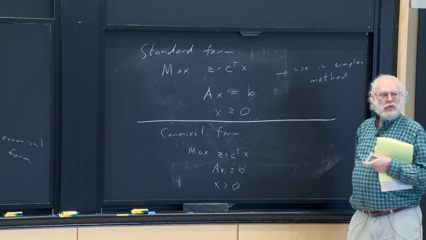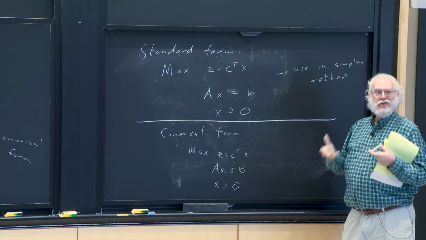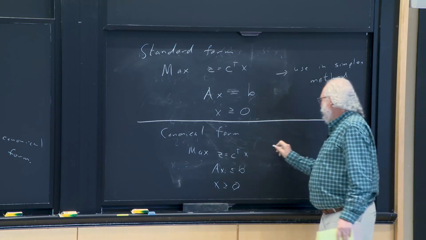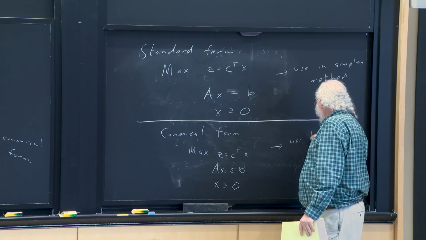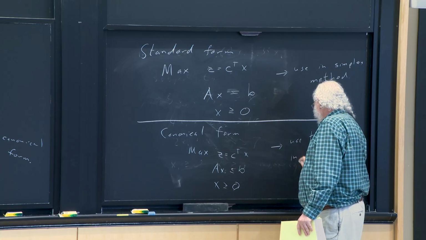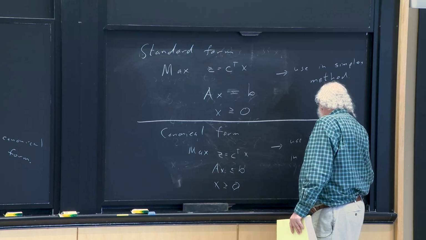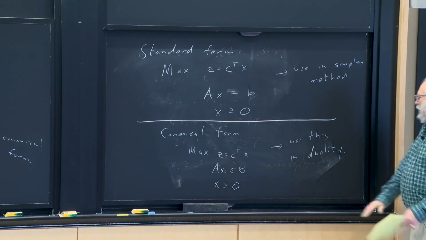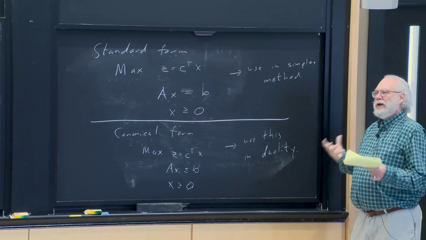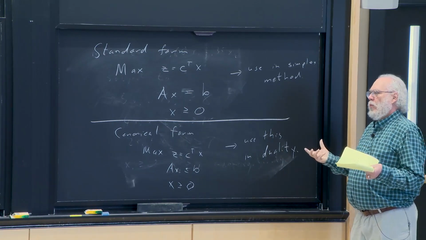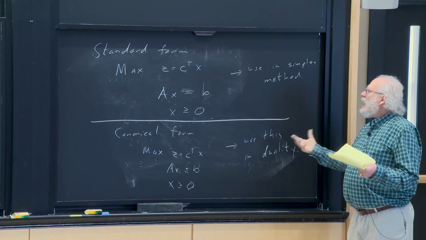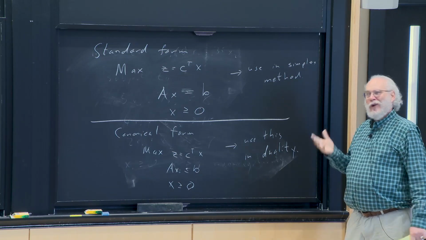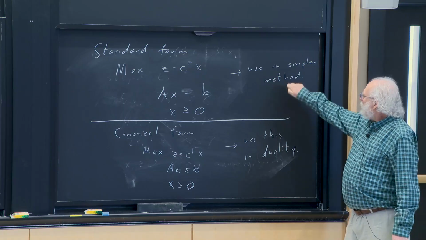We're not going to go into it, but as I said, I will sketch the basic ideas for it at some point. And we use this in duality. And duality is one of the most important aspects of linear programs.